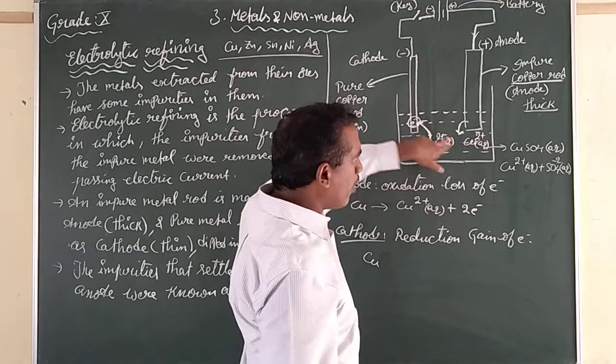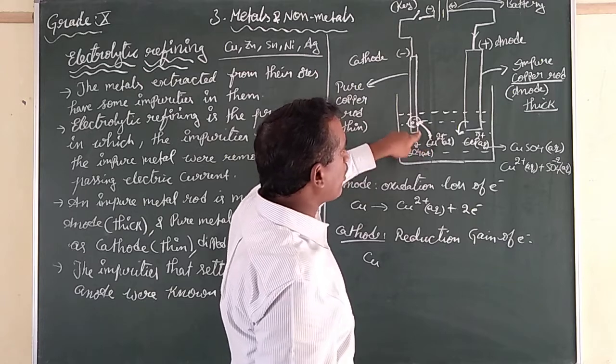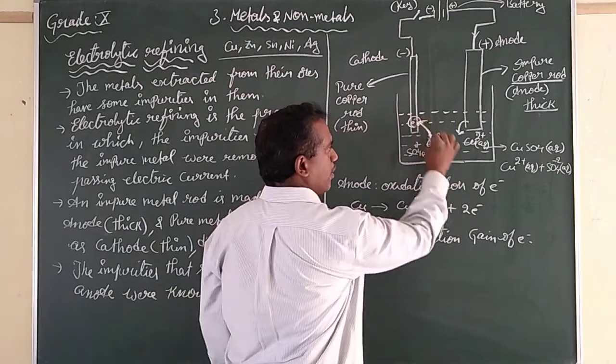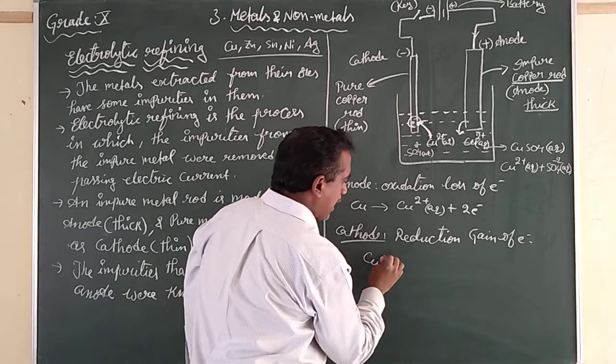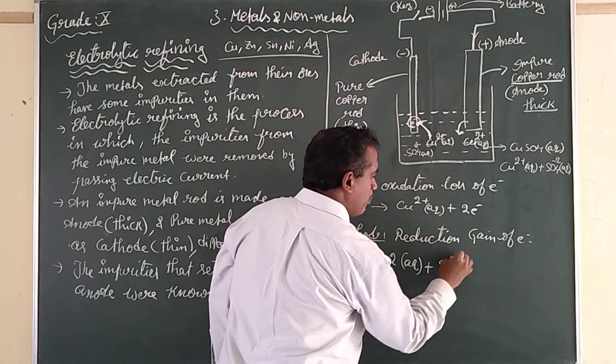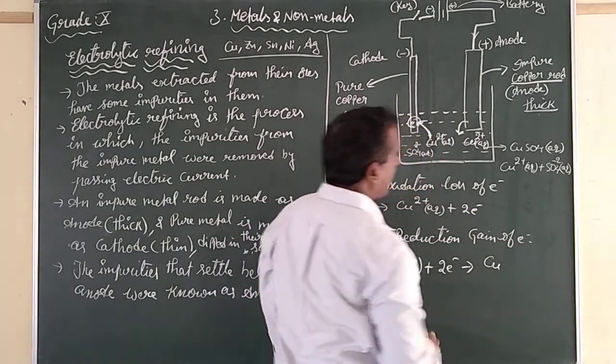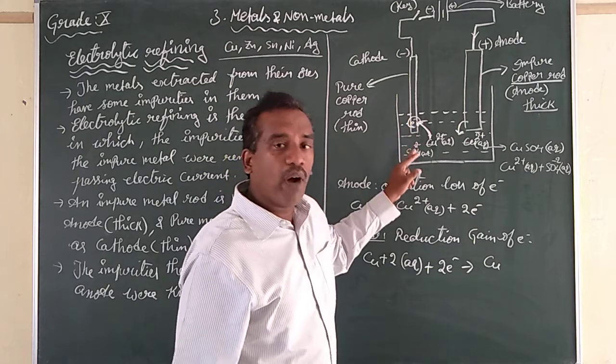And the copper ions will be deposited on the cathode. So Cu2+ ions from the aqueous solution will gain electrons from the cathode and be deposited at the cathode.